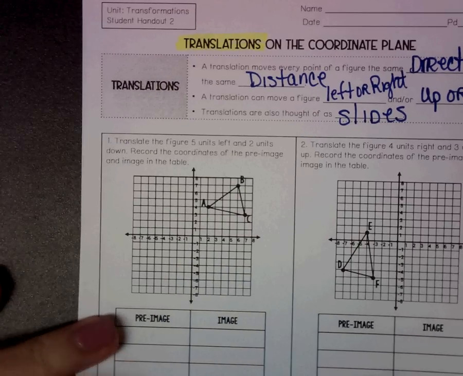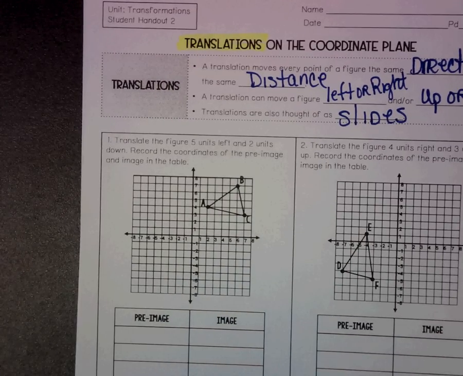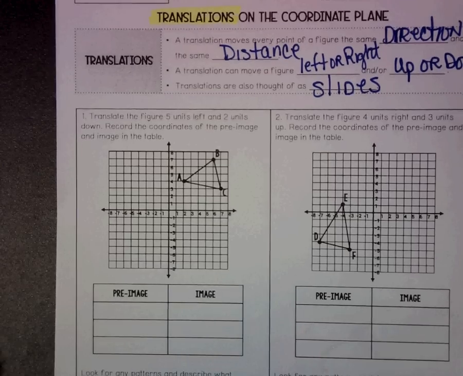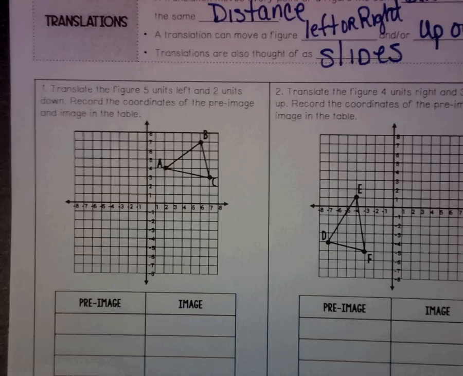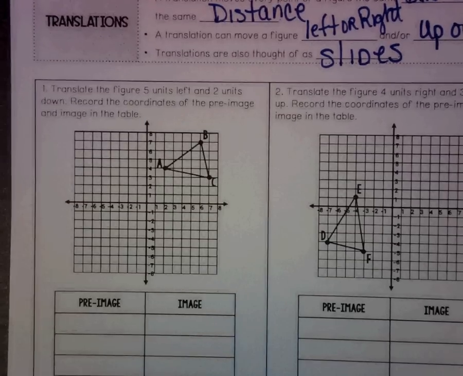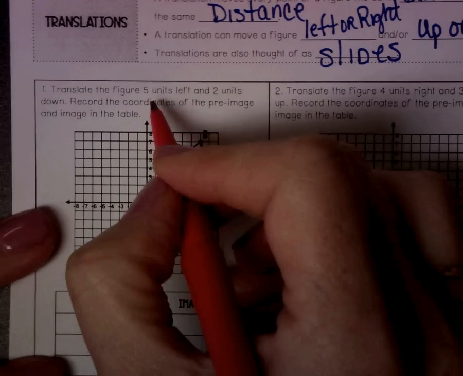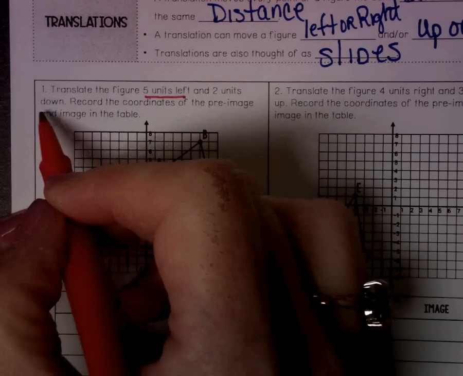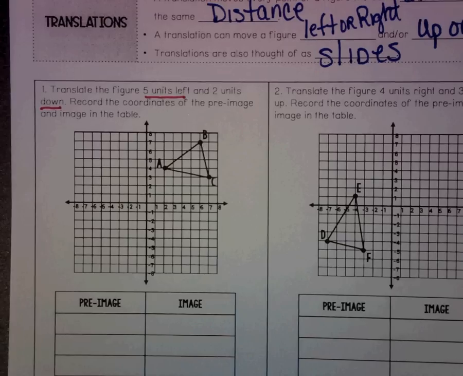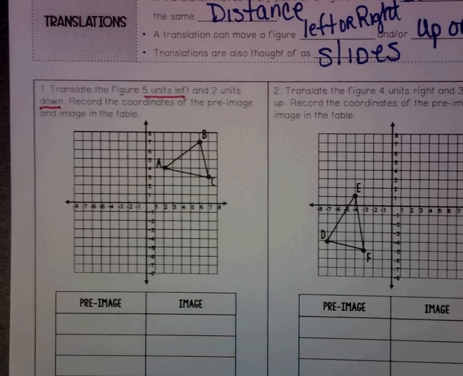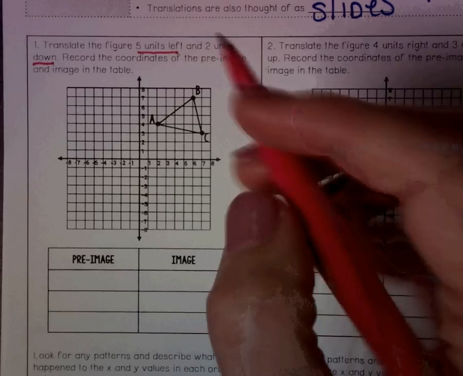Okay, so in example 1, got this recording thing, right? And there we go. Now I can see. Okay, in example 1, it says translate the figure 5 units left and 2 units down. Record the coordinates of the pre-image and image in the table. So why don't we start by writing the coordinates of our pre-image?